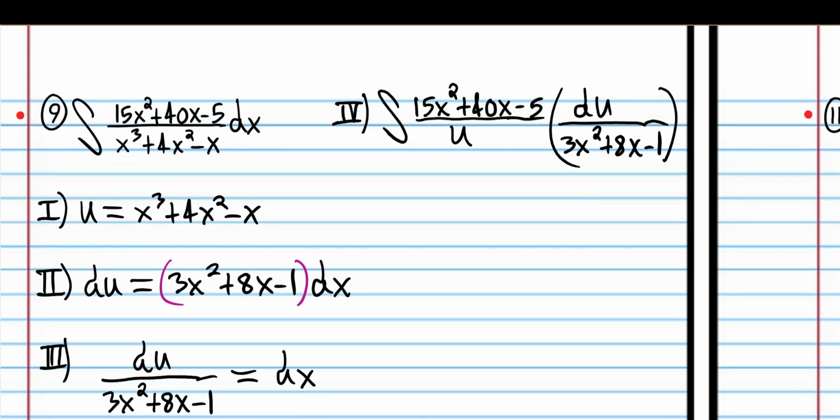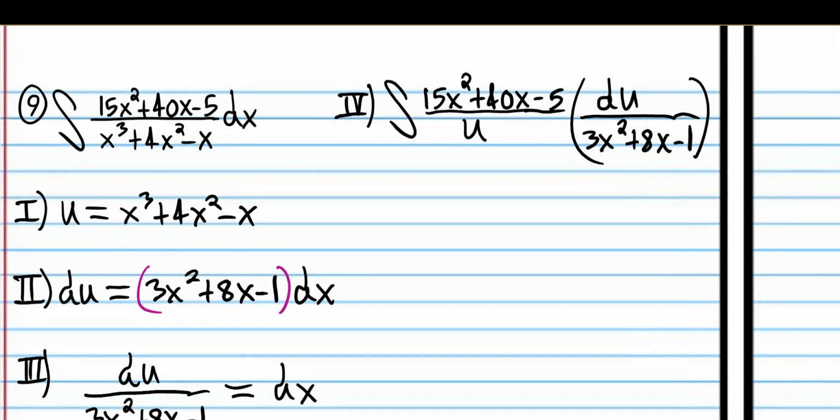The x's don't seem to be canceling out, but they actually will cancel out. Do you have any ideas how we can make the x's cancel out? What we can do is we can actually factor out a 5 out of this thing. So I want you to be aware that sometimes you need to do that.